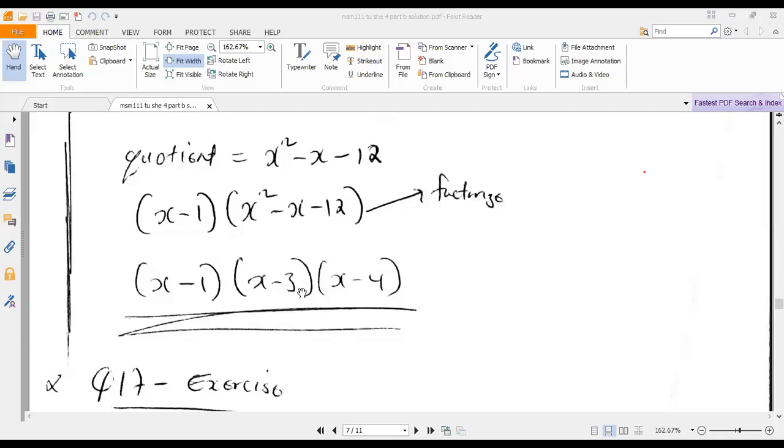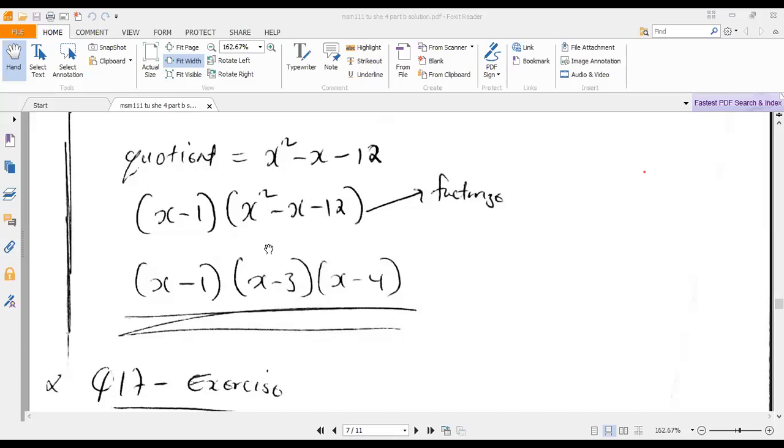You're welcome. You proceed. Sir, isn't the answer supposed to be x plus 3 instead of x minus 3 as one of the roots? So now, what are the factors of this equation? It's supposed to be 3 and negative 4. So 3 and negative 4, right? Yes.